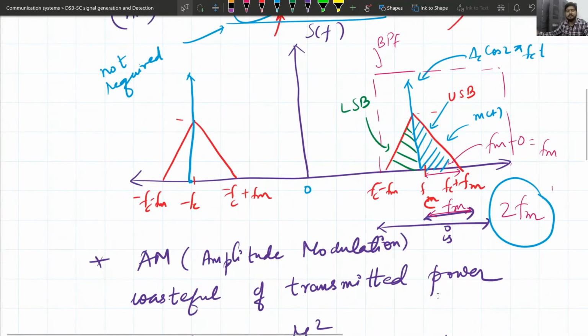Because we can easily determine the signal once we know one of the sidebands. We don't need to transmit both the sidebands at once, because in that case the bandwidth requirement will be more, which will increase the cost of the system.